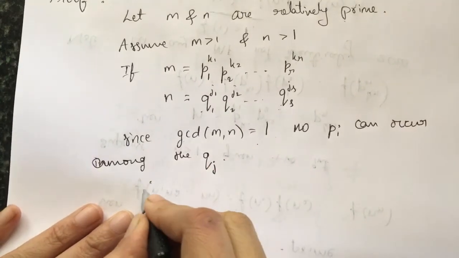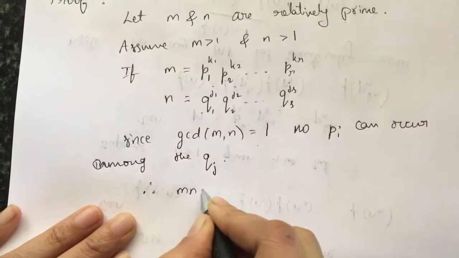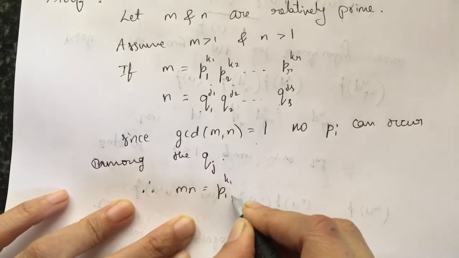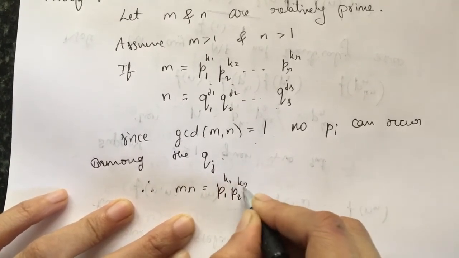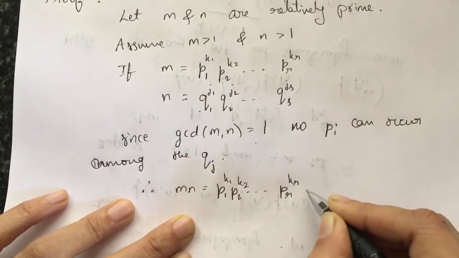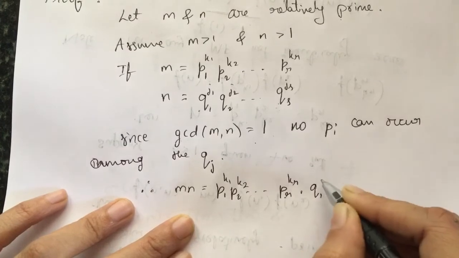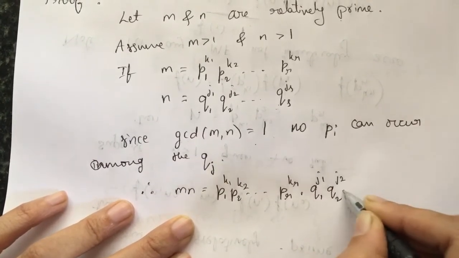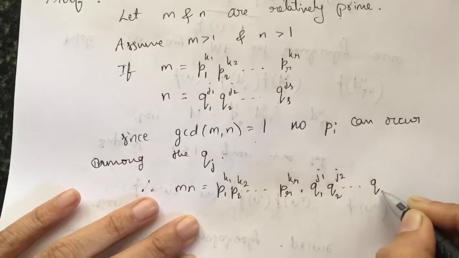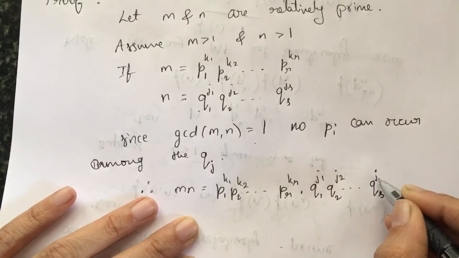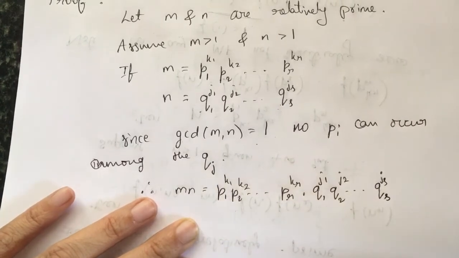Therefore I can write the product mn, m into n, equal to p1 power k1, p2 power k2, up to pr power kr, into q1 power j1, q2 power j2, all the way up to qs to the power js.